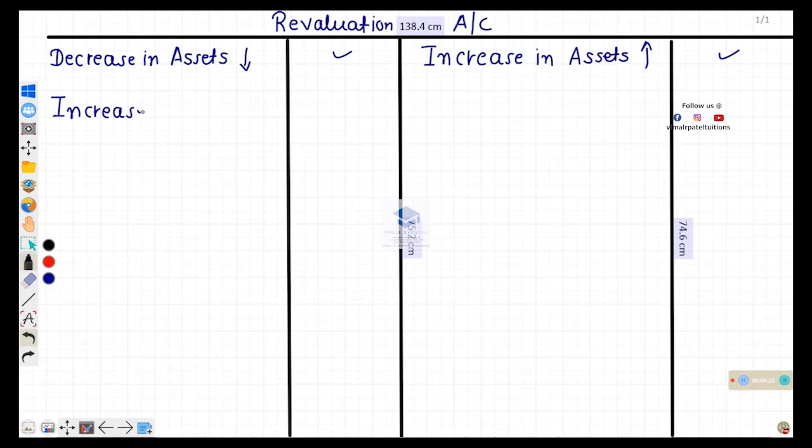So it will be debited to the revaluation account. The treatment of liability will be opposite to the asset. If there is a decrease in value of liability, you have to pay less amount. So that is your gain, your profit, and it will be credited to the revaluation account.